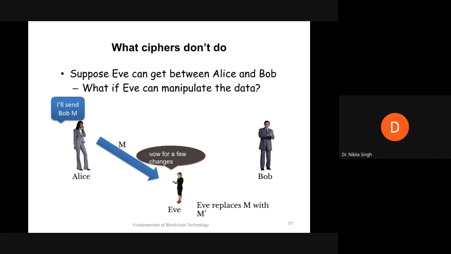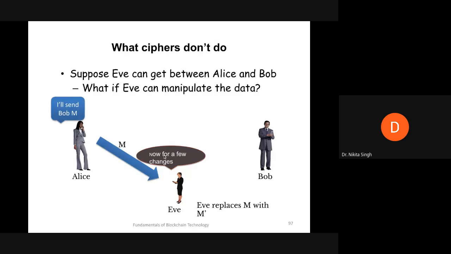So suppose it was some very high security information, that is, some information that had to be protected, and Eve manages to replace that information, then there could be a loss of data, a loss of information, and in some cases, if it was some financial information, there could be a loss of money.